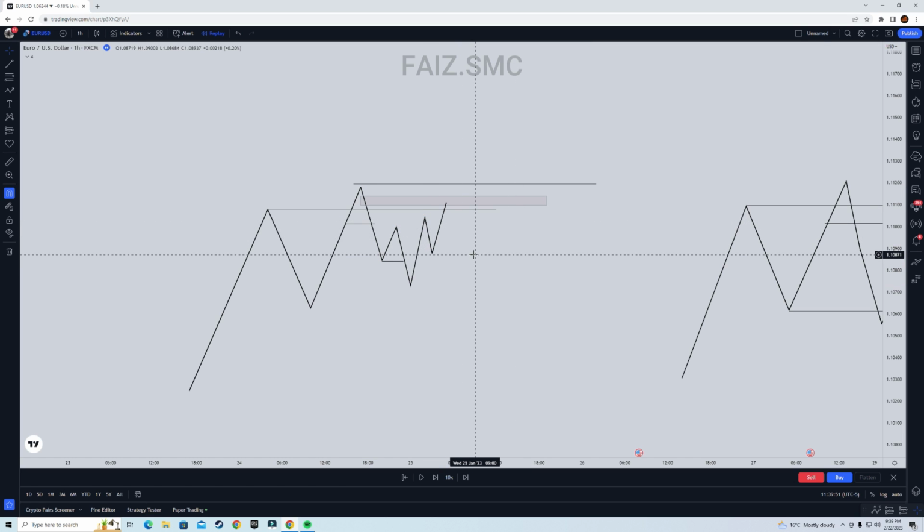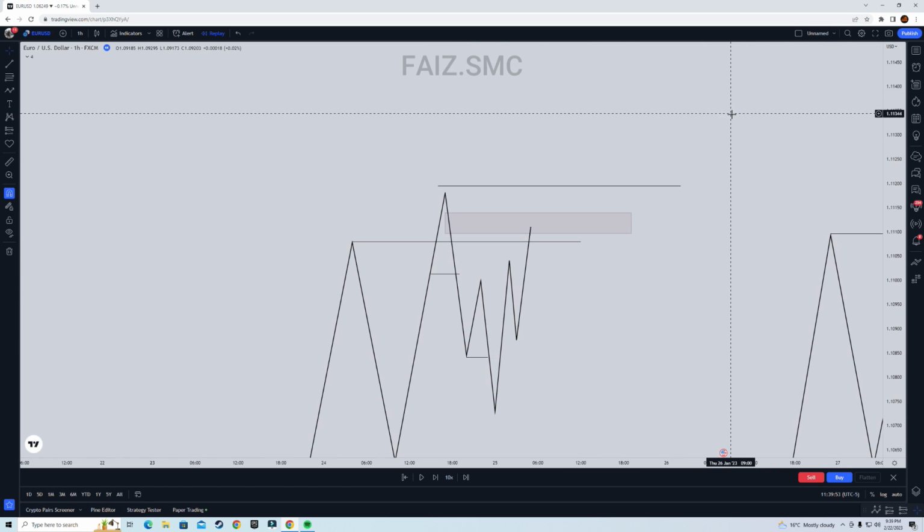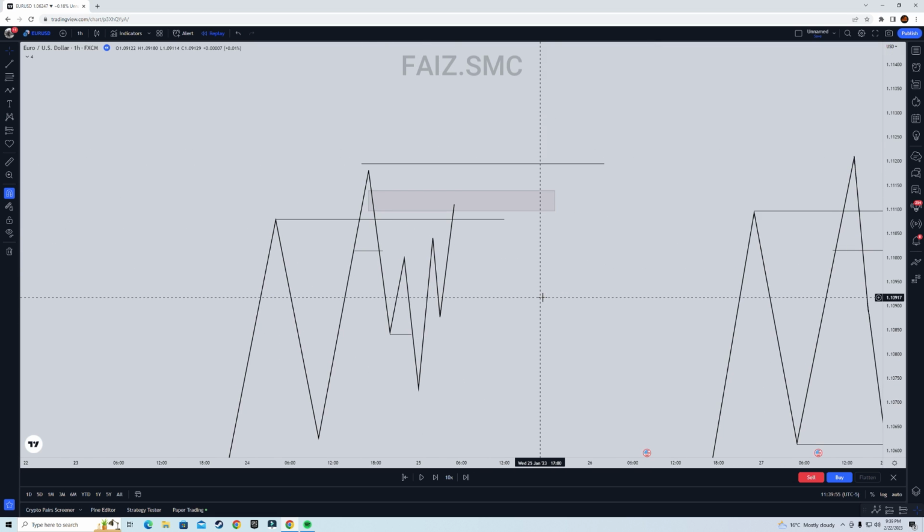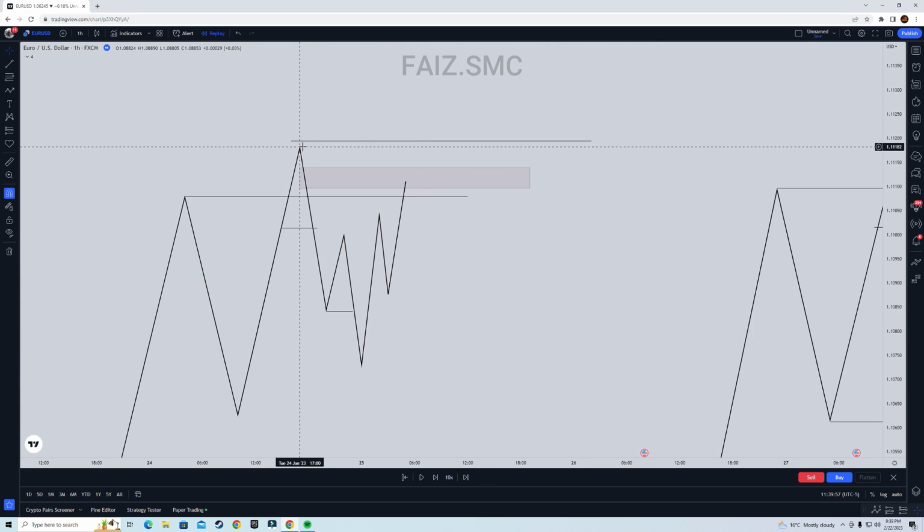So now what we have here is a pool of liquidity, and this pattern is very, very strong, guys. So what you have is a market structure shift plus a break of structure. And after that, before price goes back into your POI, it creates a turtle soup pattern, or ABC, okay? ABC on a smaller time frame. So you have your POI marked out here on 15-minute, and you have a break of structure on 15-minute.